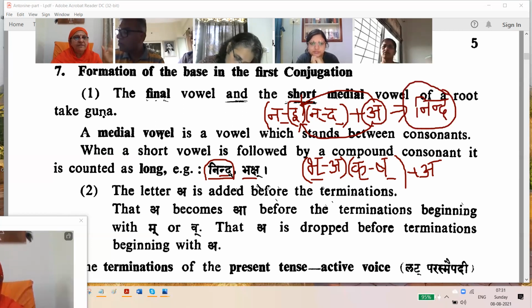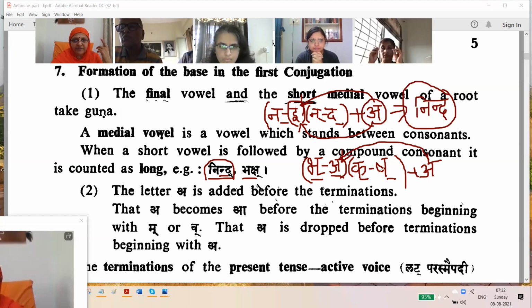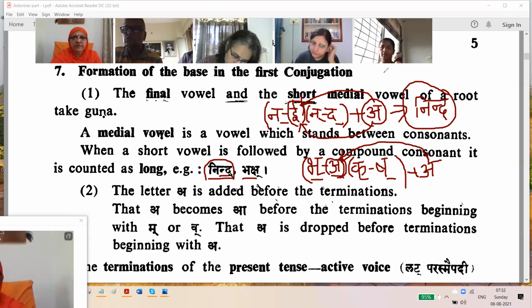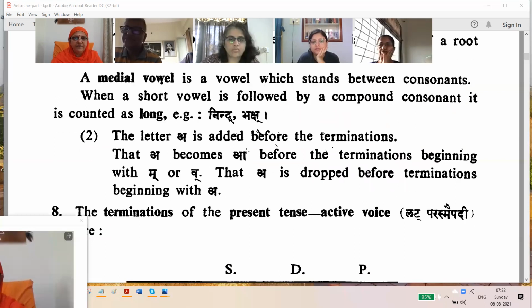Same way bhaksha: there the vowel would take guna, but the compound consonant makes it count as long, so they consider it long only, since it is followed by a conjunct consonant. Now what I have said is the rule they have written: the letter a is added before the termination.